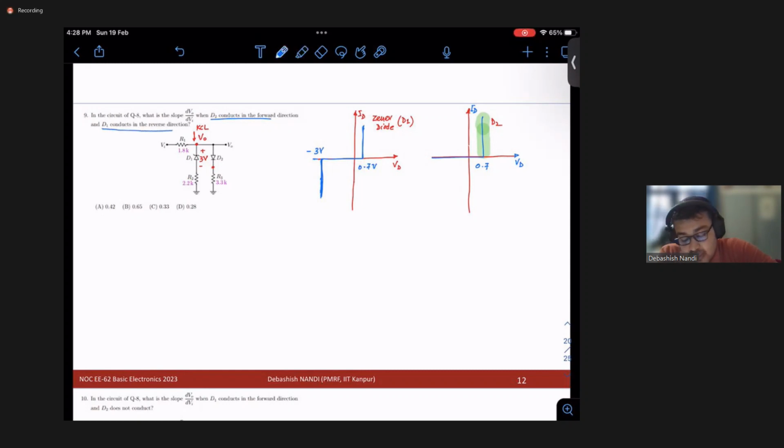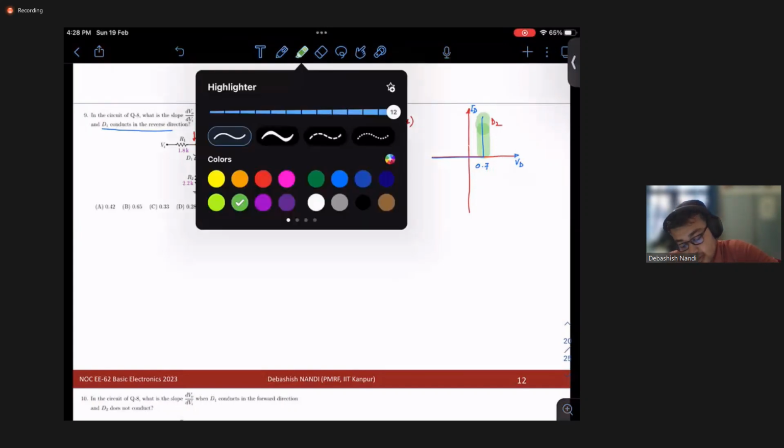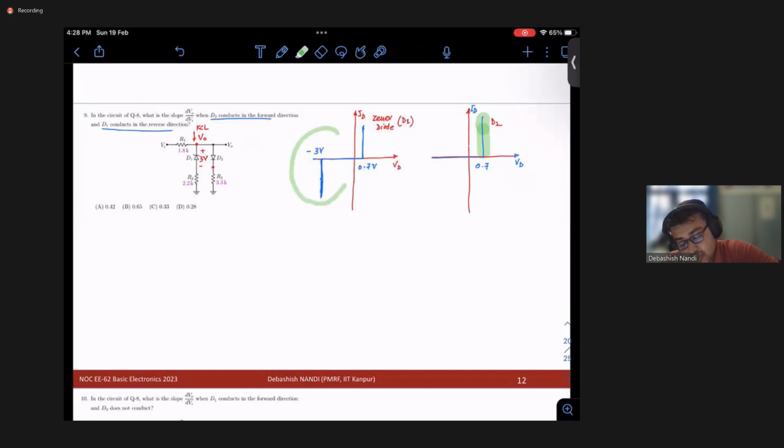Now, in which part of this reverse bias region is D1 conducting? It should be this 3 volt because it's a Zener diode. Why can't it be this?